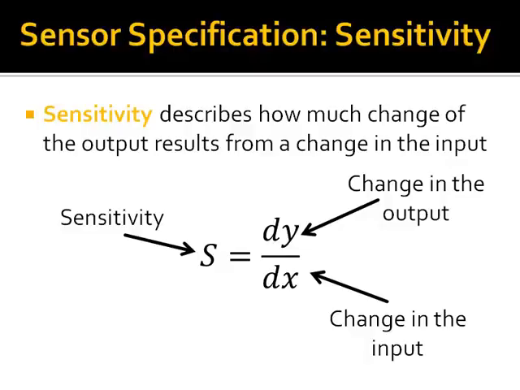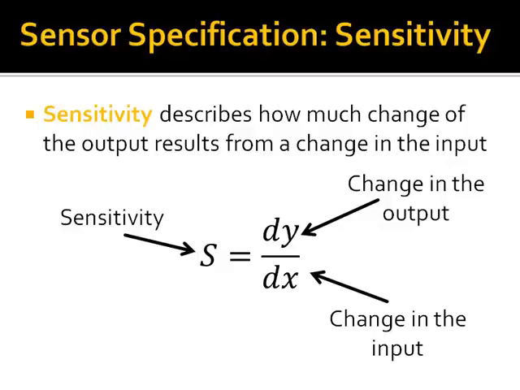The change in the input would be measured in units of whatever it is we're measuring. For example, if we're using a photocell, the change in the input would be measured in lux, and the change in the output will be measured in resistance units, in ohms.